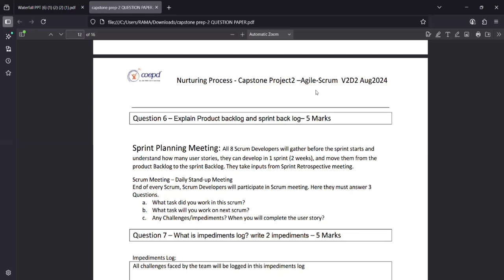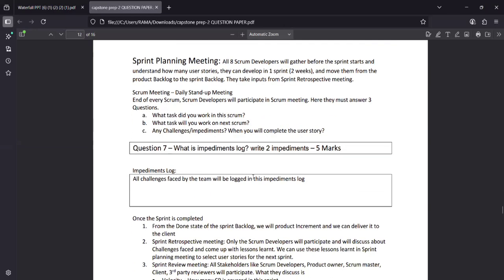Just now I told you, all the user stories included for the application come under the product backlog, a complete list of features, which we call user stories, and enhancements, fixes and requirements for the product. Now we're looking at what an impediment log is.